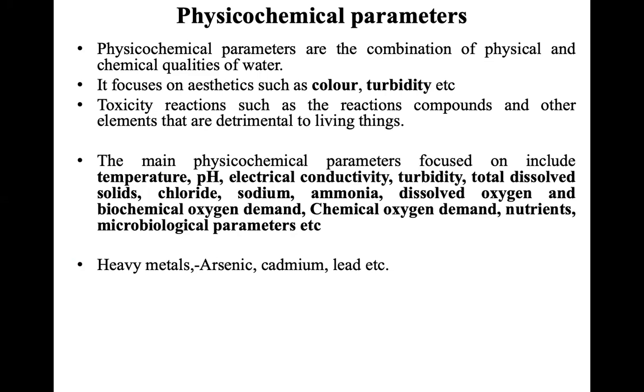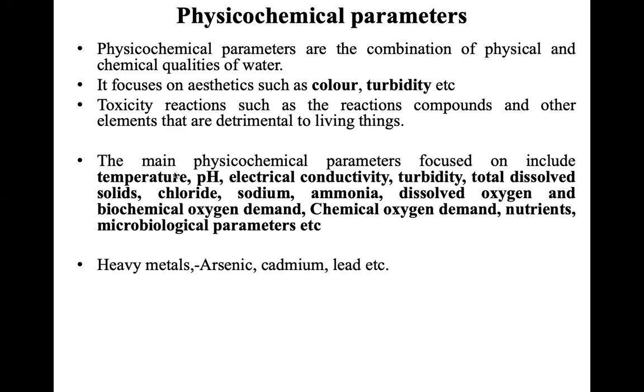We are also looking at toxicity reactions, such as reactions that compounds and other elements are able to produce, which can be very detrimental and harmful to living organisms. We must ensure that before water is consumed, its quality is determined. So in water producing companies and even beer manufacturing companies, before water is used, these qualities are determined to see whether they conform to the right standard.